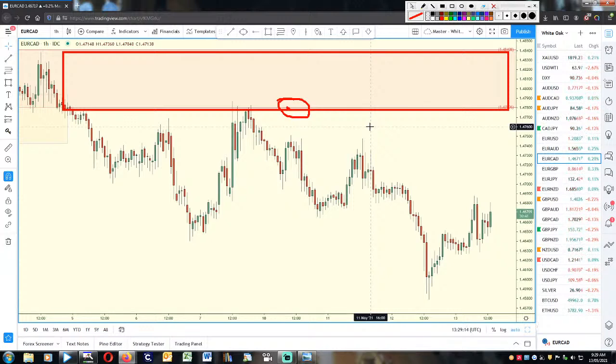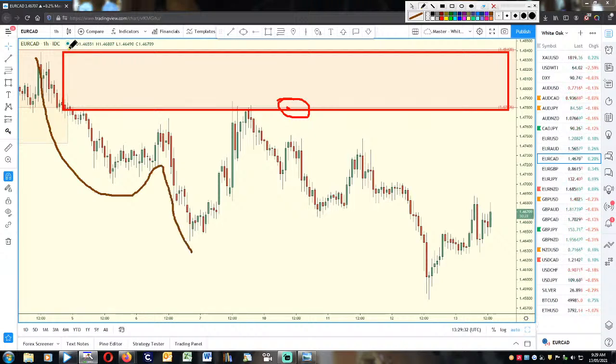So the first thing I see is we have price action. Let me use my brown. So this is how you would day trade this, alright? So you see this price action heading down, right? As price was leaving this area here, the institutions were creating supply.